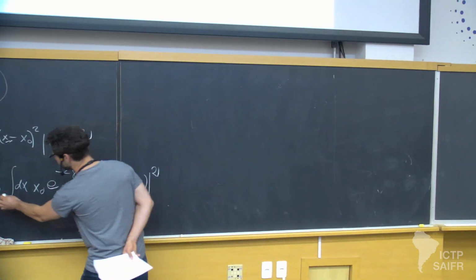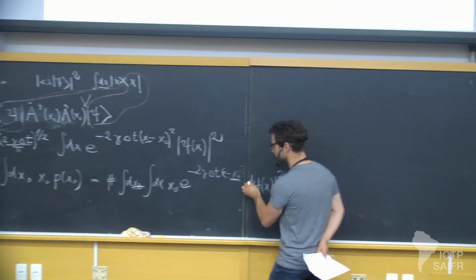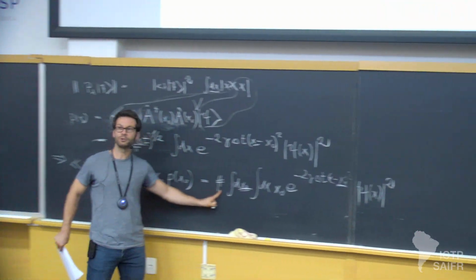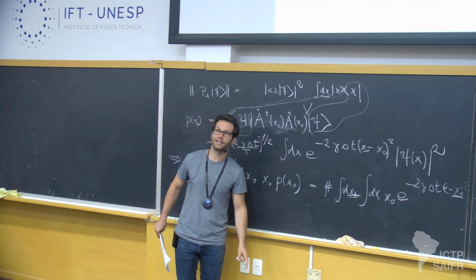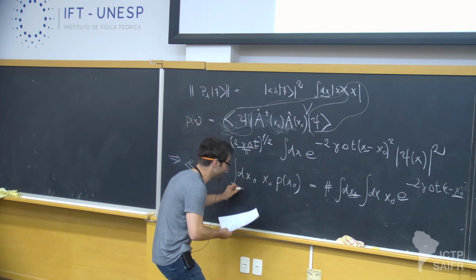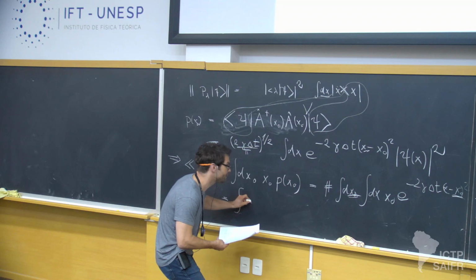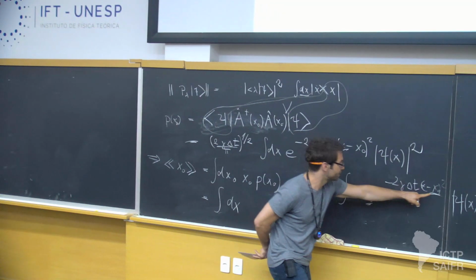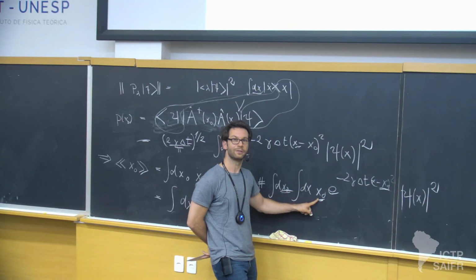Nicely, I can do the x naught integration, just shifting the Gaussian. The prefactor was chosen to produce unity under Gaussian integration. Under this x naught integration there was also an x naught.